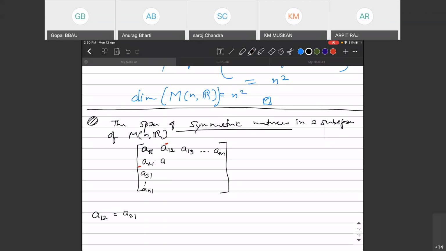So in the first row, you need n entries in total. In the second, if you know A23, you know A32. Similarly, for A2n, you know An2. Then you would know A33. So here you have n minus 1 entries.